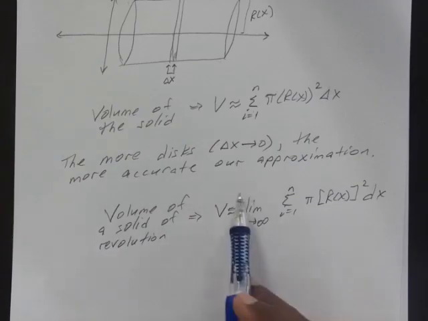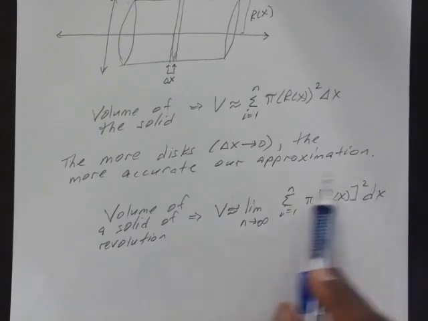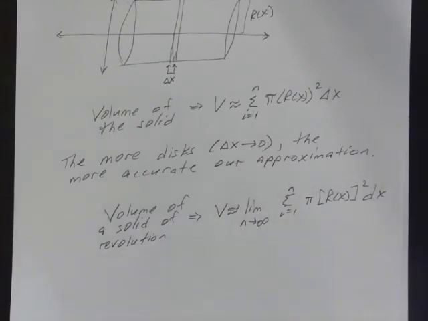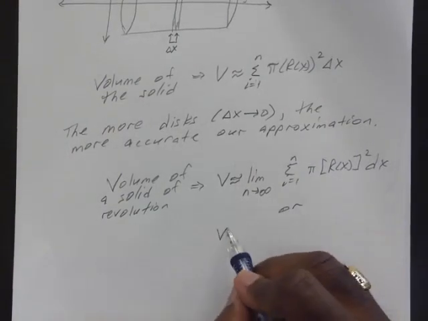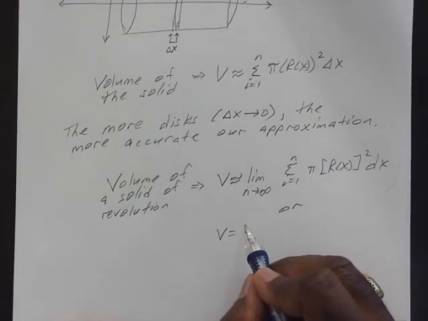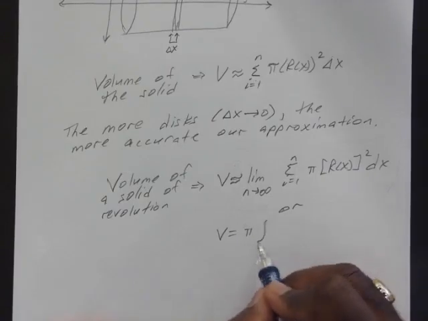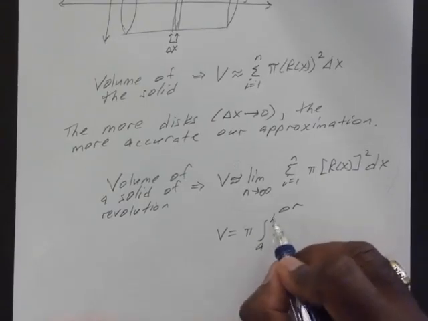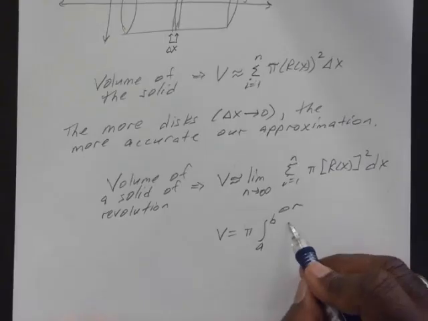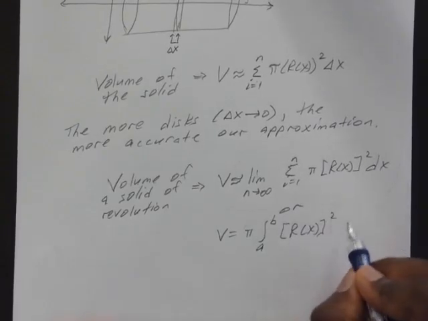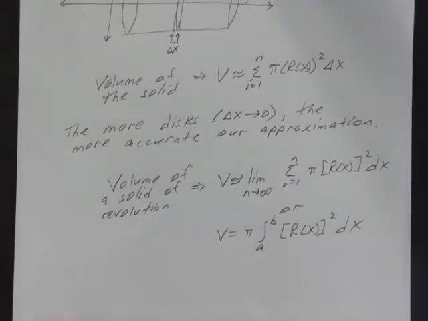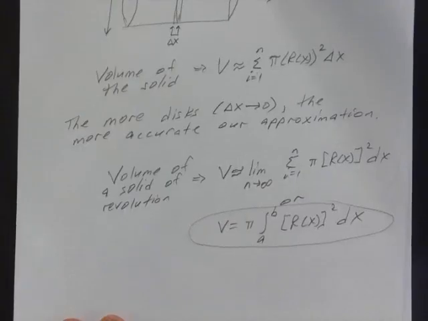Well, all of this is just the limit definition of an integral. So we could just rewrite that as the volume is equal to pi times the integral from a to b of our radius function squared with respect to x. And this is just our disk method formula.